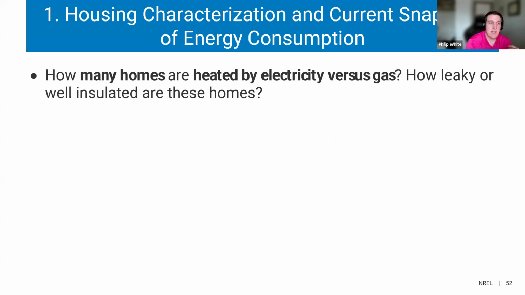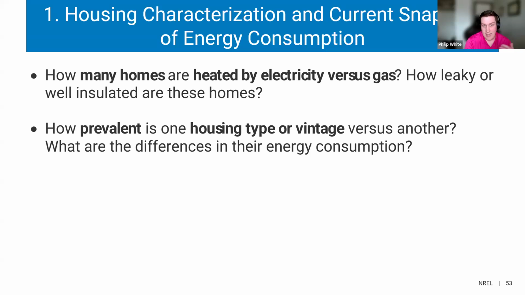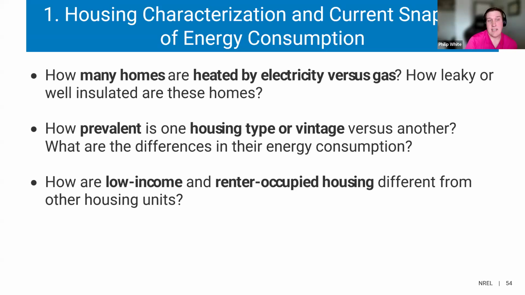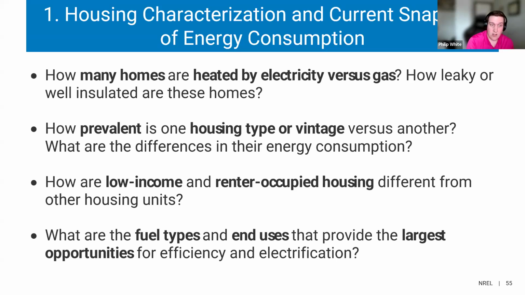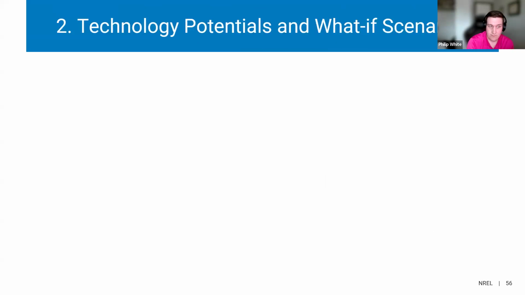So questions like, how many homes are heated by electricity versus gas? How leaky or well insulated are these homes? How prevalent is one housing type or vintage versus another? What are the differences in their energy consumption? How are low income and renter occupied housing different from other housing units? What are the fuel types and end uses that provide the largest opportunities for efficiency and electrification?